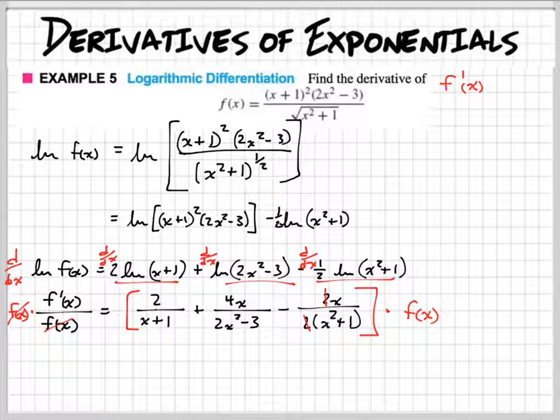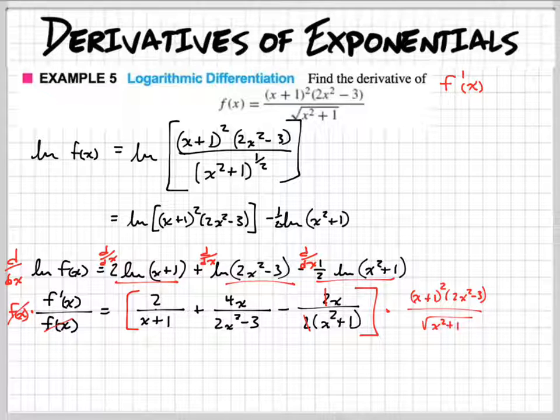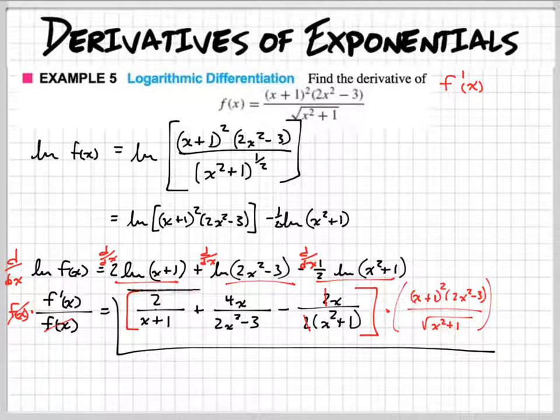So what is f of x? f of x is that top: x plus 1 squared times 2x squared minus 3 all over the square root of x squared plus 1. So this is your answer. This is the derivative of f of x.